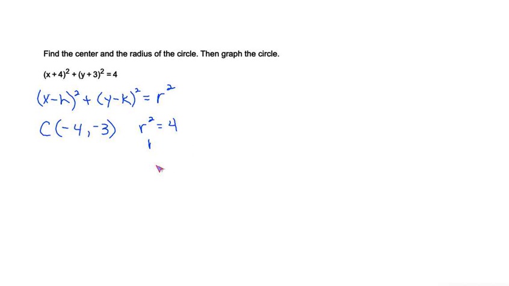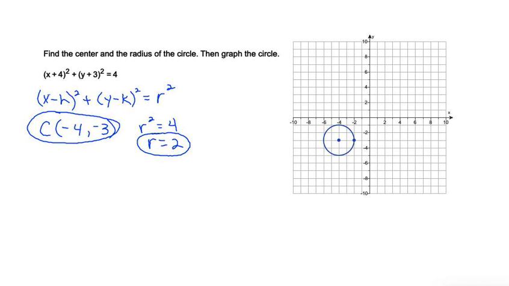Okay, that means r is 2, not plus or minus 2, because radius is going to be positive. So once I have my center and radius, I can graph it. That's all I need to graph it. And here it is. This is a circle with center negative 4, negative 3, and radius 2.